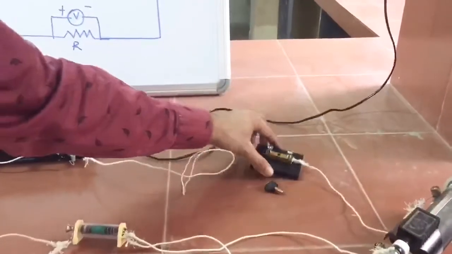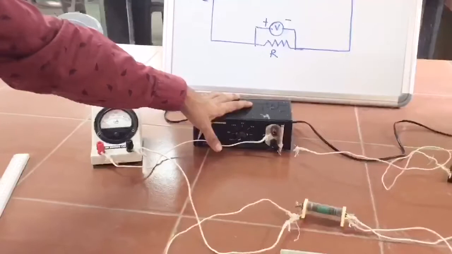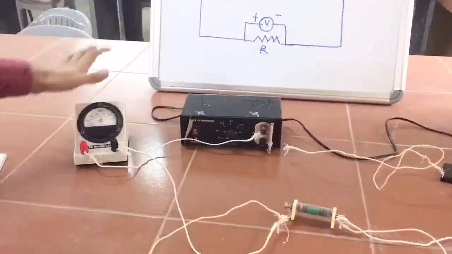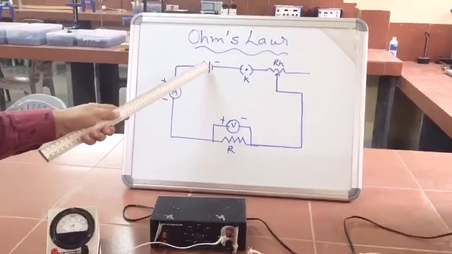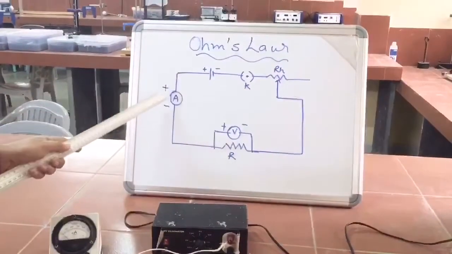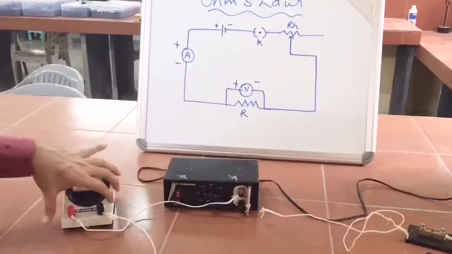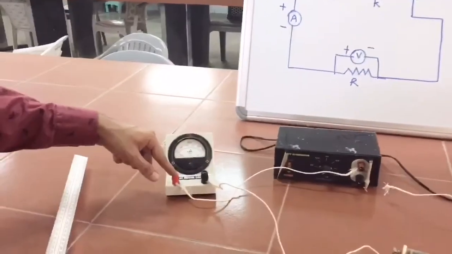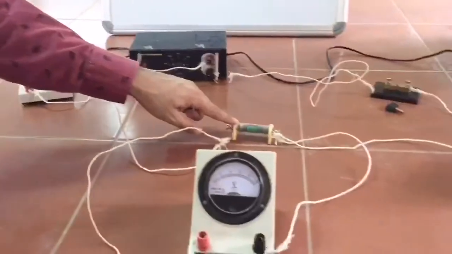First of all, how to connect the components. It is quite simple. To start with, the positive terminal of the battery goes to the positive of the ammeter. Then the negative of the ammeter goes to the resistance.